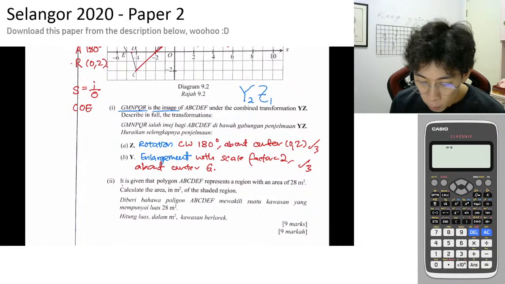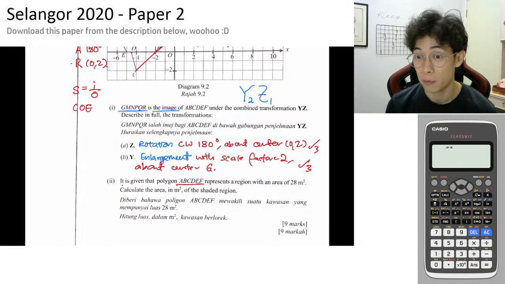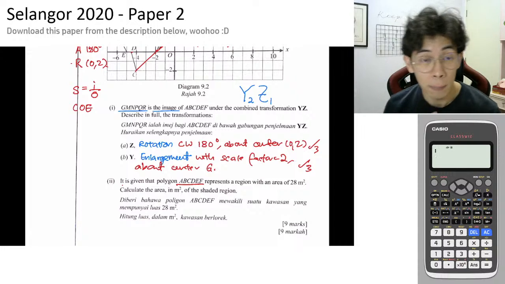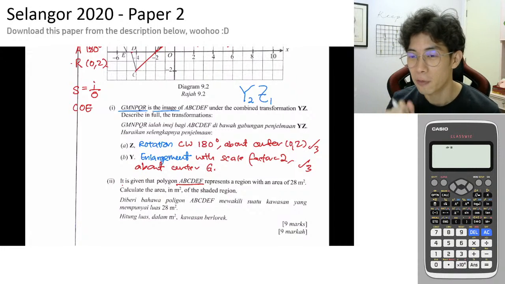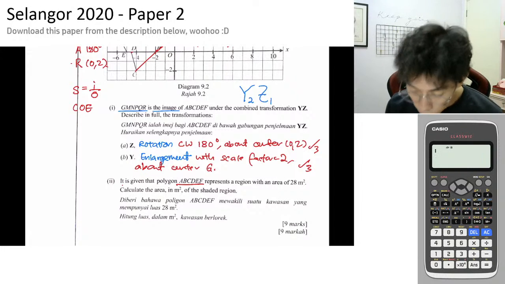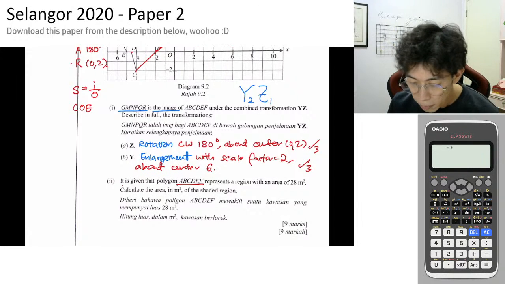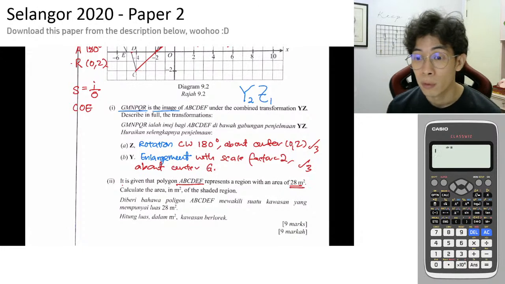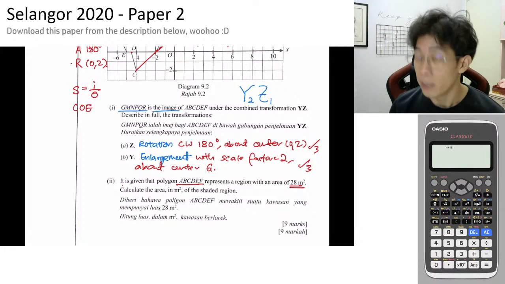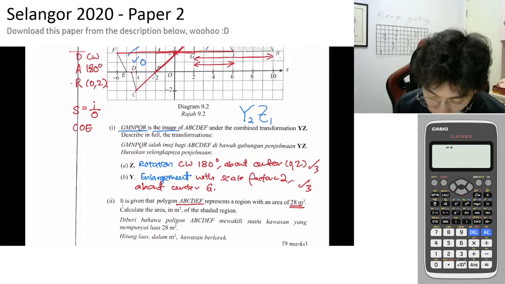It is given that polygon ABCDEF represents a region with an area of 28 meters square. So this 28 meters square represents this part.